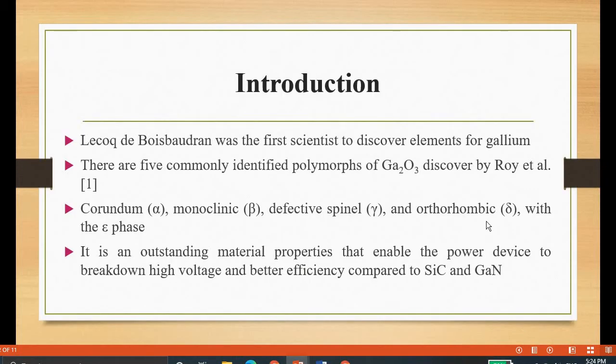As it comes to the introduction of my research proposal, it is known that Lecoq de Boisbaudran was the first scientist to discover the element gallium.